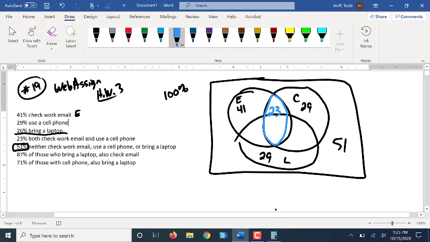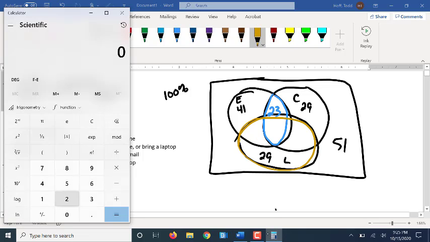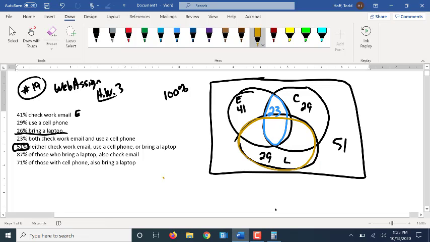Of those who use a laptop, 87% of those who use a laptop also check email. So that's saying of those who use the laptop, of this 29%, 87% also use email. So 29 times 0.87 is, I wrote that in wrong.